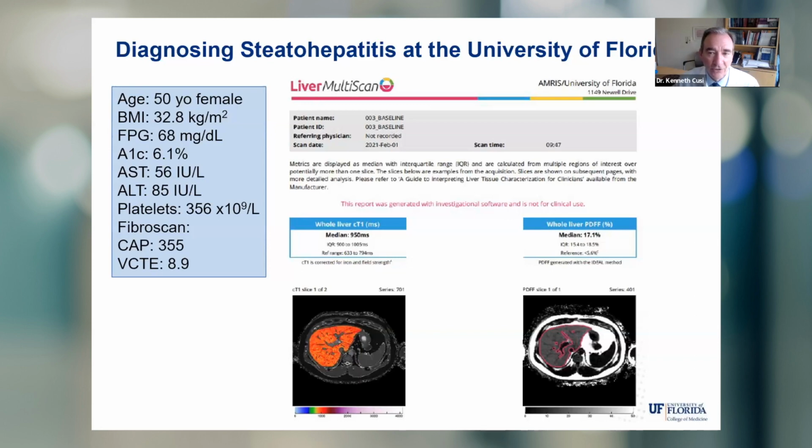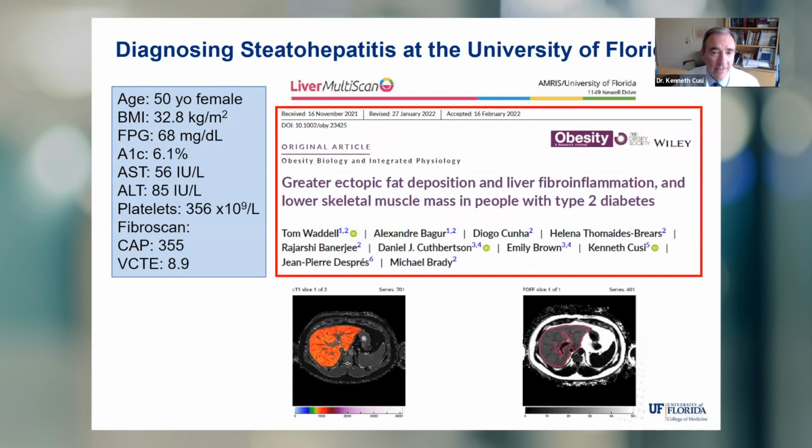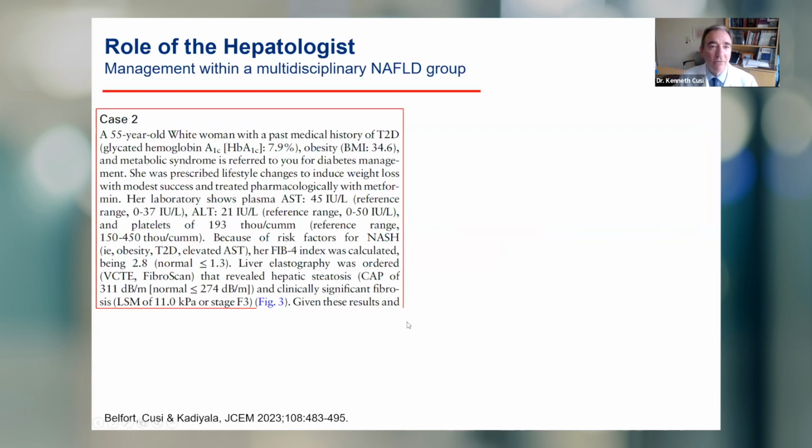So this also has its own CPT codes and is gaining increasing traction, okay? And then we published a paper about that last year, which in people with diabetes showing that they are clearly a problem.